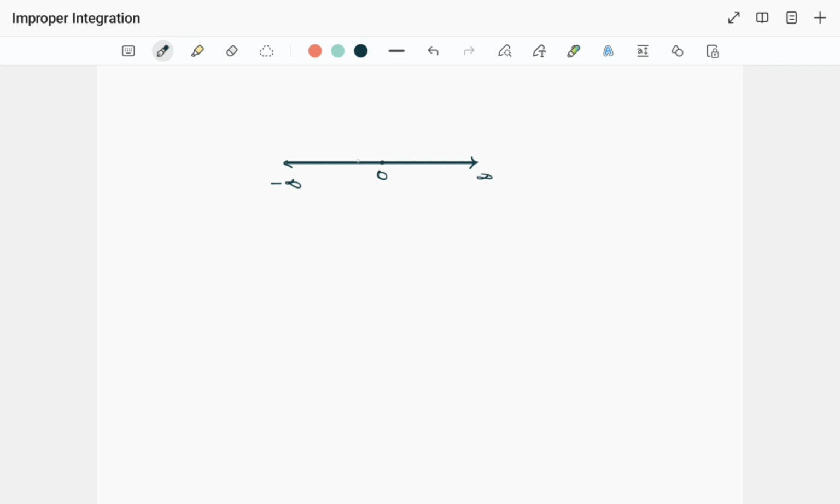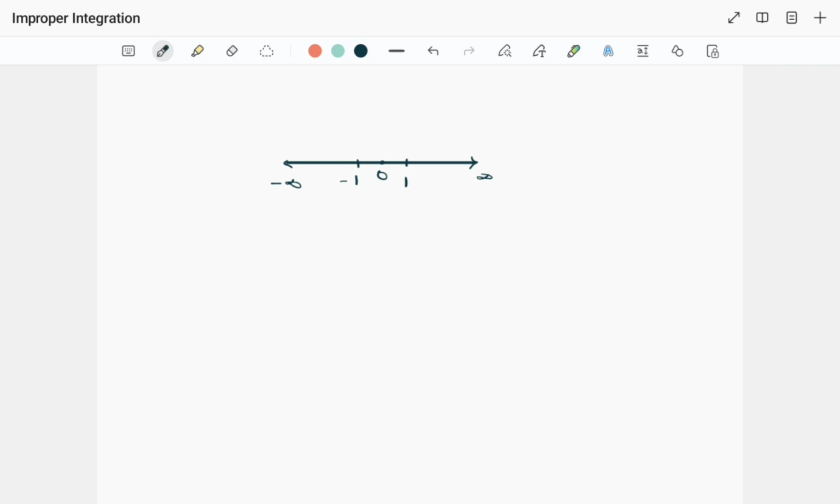Now if I take this point as -1 and this as 1, then the interval -1 to 1 represents all real numbers lying between -1 and 1. There will be no gap.